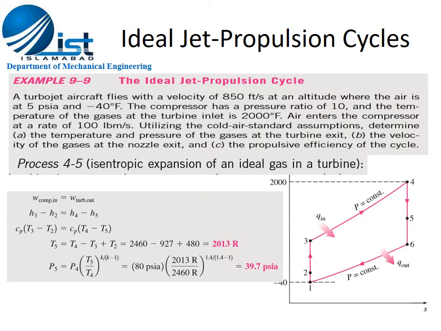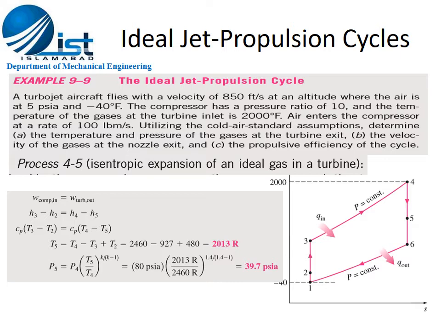Now in case of an ideal jet propulsion cycle, one thing should be remembered, that we have considered the work of the compressor will be equal to the work of the turbine, and the net work will be equal to 0. Net work is equal to work of the turbine minus work of the compressor. So both compressor work and turbine work will be approximately equal.